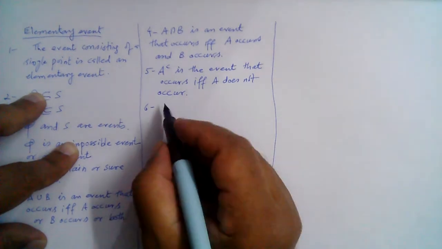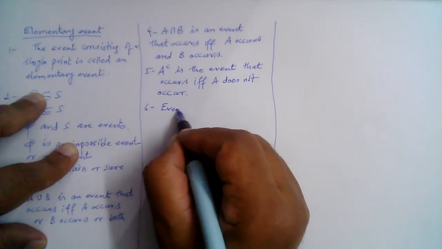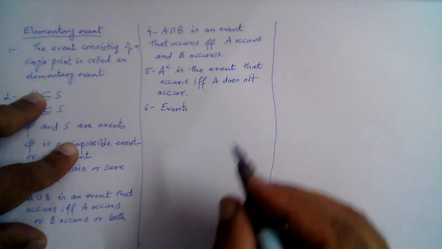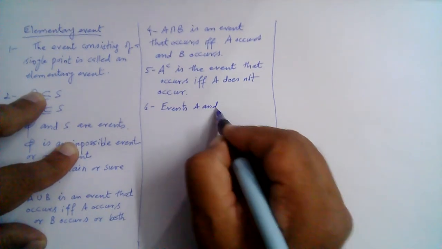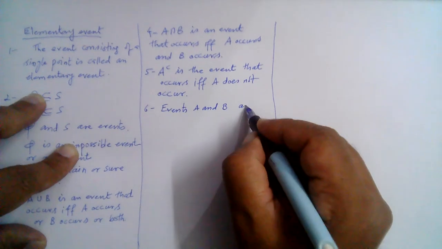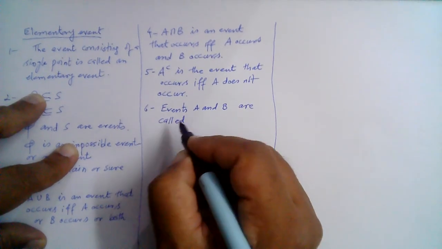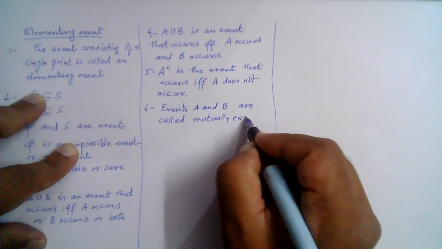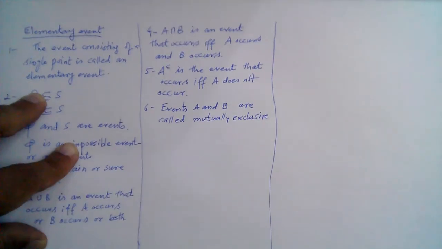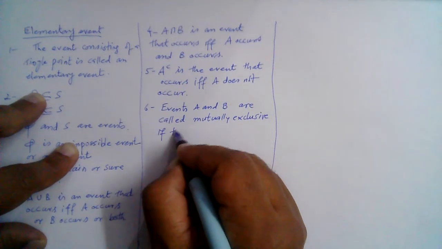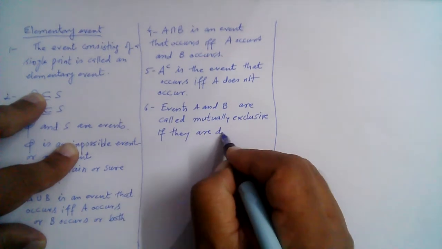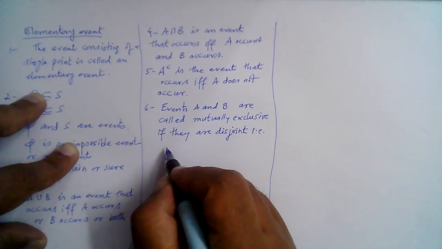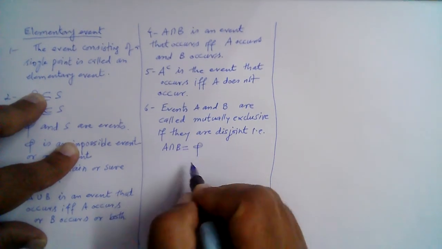Similarly, two events A and B are called mutually exclusive if they are disjoint, right? That is, the intersection of A and B is a null set.